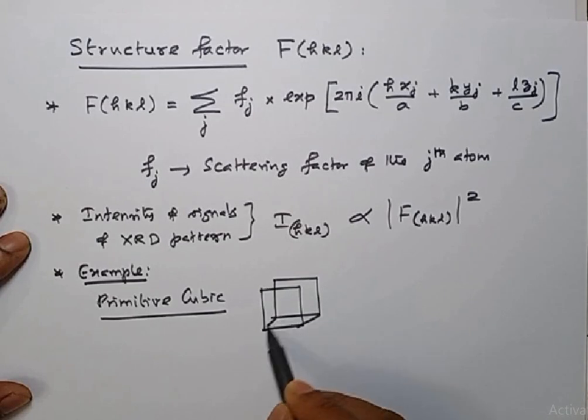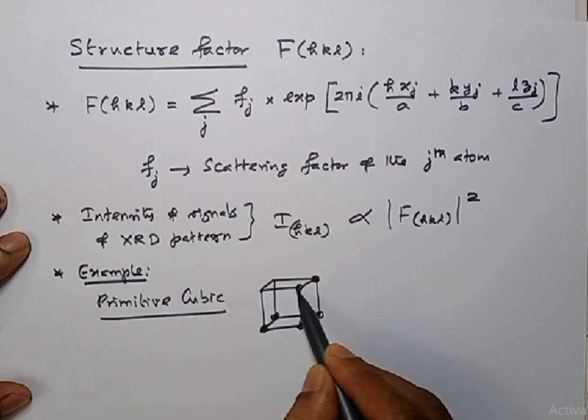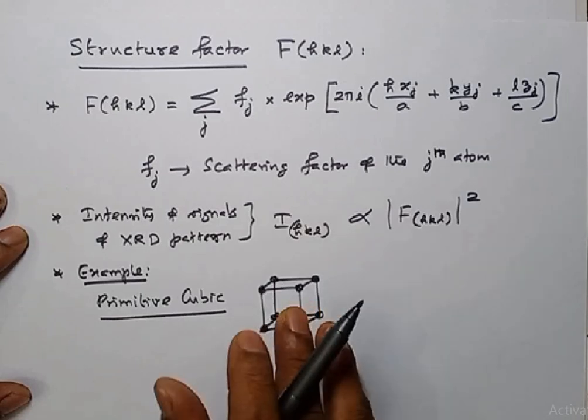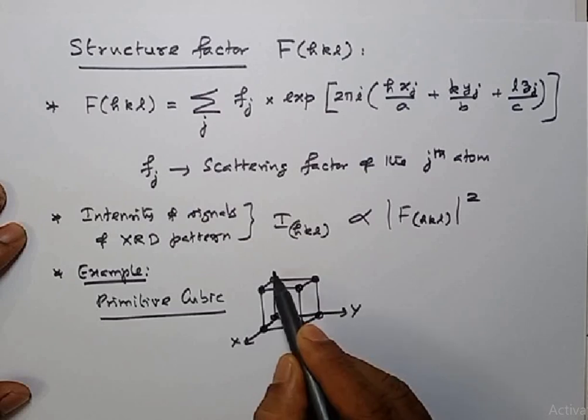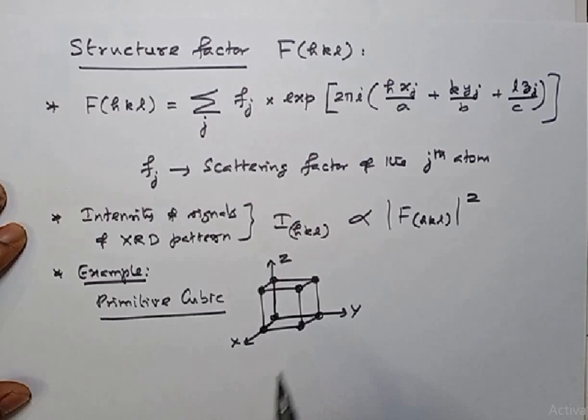Primitive means only corners are occupied. So in simple cubic or primitive cubic, if only corners are occupied by atoms, then it is called primitive cubic. You know very well. Now I'll take this axis as x, this axis as y, and this axis as z, and this is my origin now.